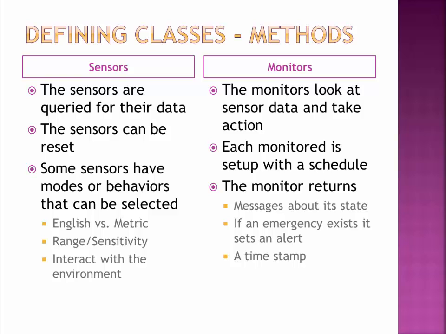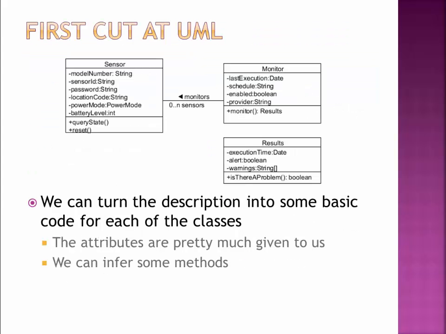What are the things the sensors do? At this point, at the requirements level, I can talk about them in long text. I'm not trying to make true methods out of them, but the sensors, they're querying them for data. I can reset a sensor. The monitors are looking for basically something to do inside of there, and I have some sort of schedule that the monitor runs on. And so all this culminates in UML.